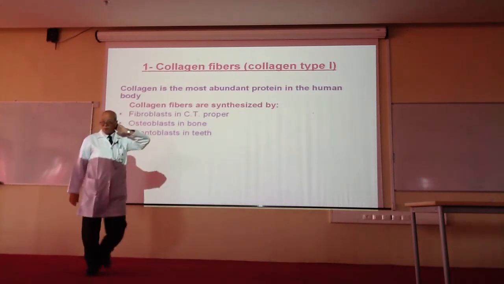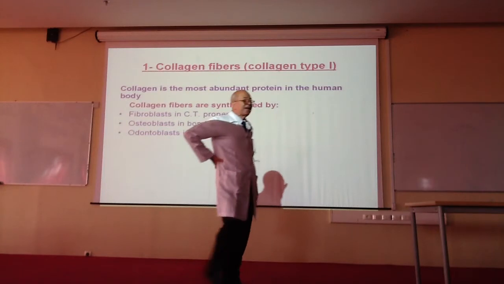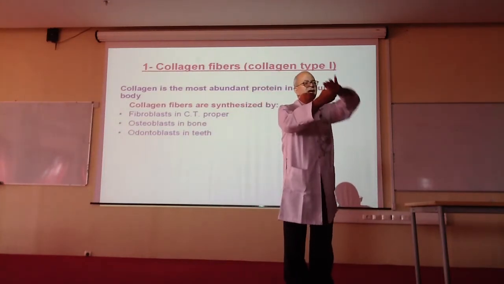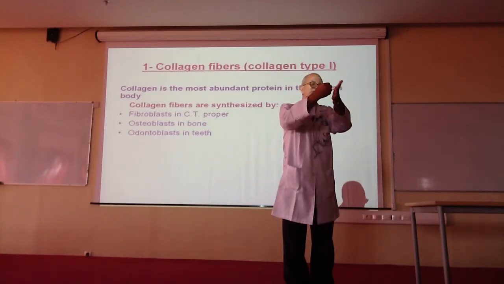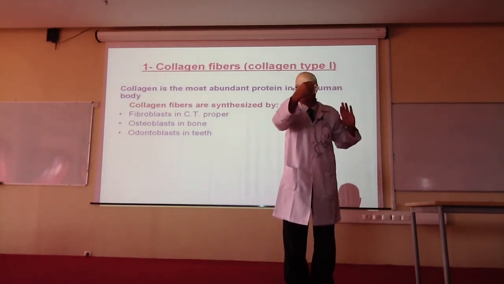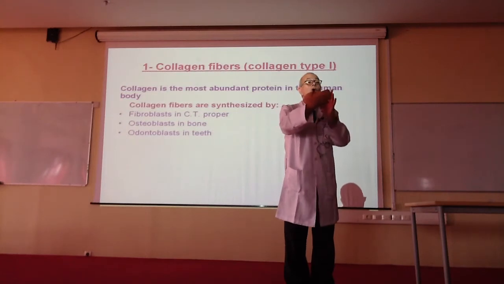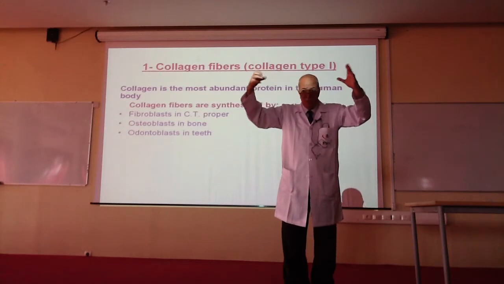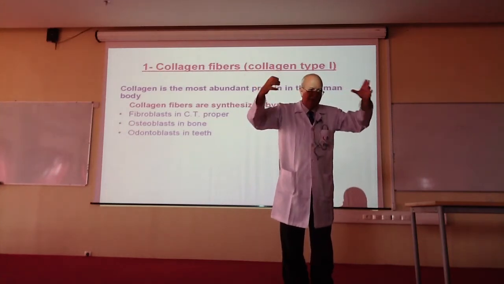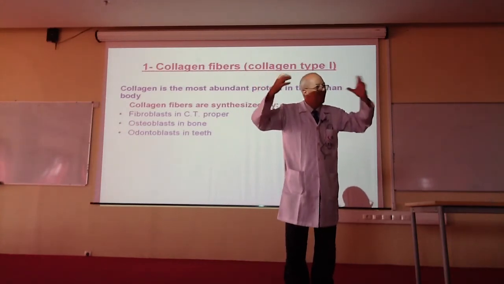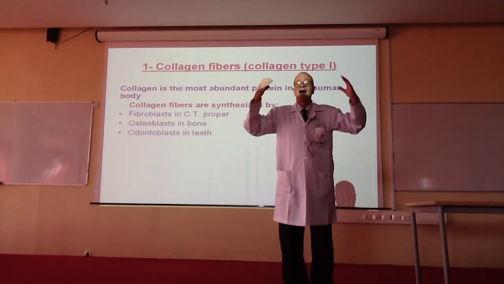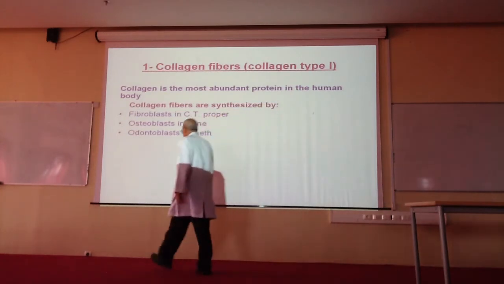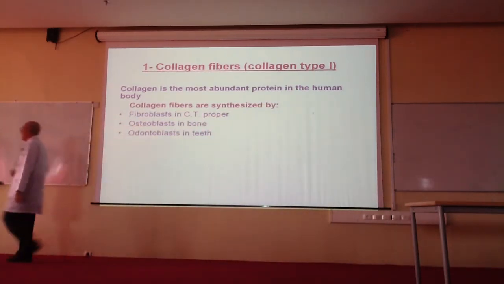What are the odontoblasts? Cells forming the dentine of the tooth. The tooth is formed of dentine covered by enamel at the surface and covered by cementum at the sides. Dentine forms the main mass of the tooth. The largest mass in the tooth is formed of dentine. The dentine is rich in collagen. Which type of collagen? Type 1, which are the white fibers. Who forms collagen fibers in the dentine? Odontoblasts.